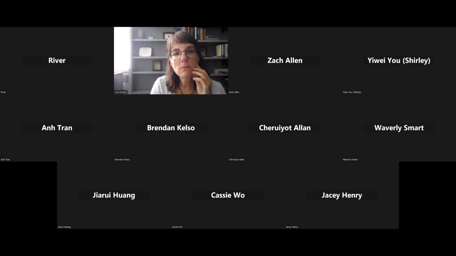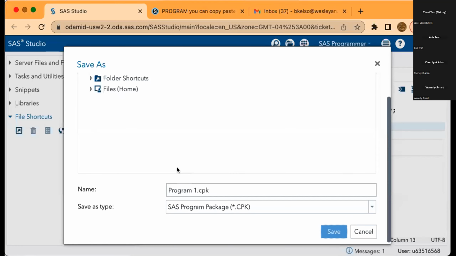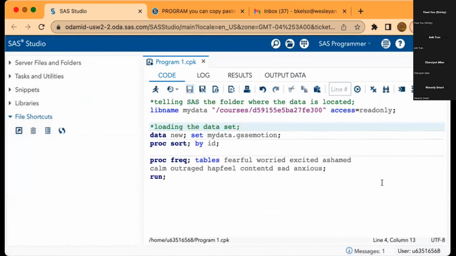Okay, double click home. Files home in the middle up by save as. Yep, double click that, now you can see, save it. Yep, perfect.